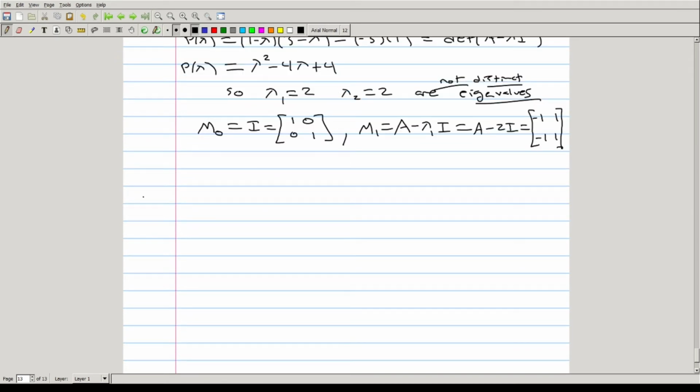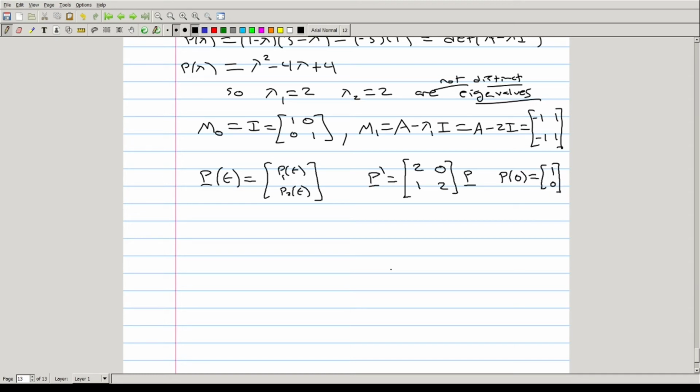And the vector function p of t is the solution to p prime is equal to the matrix 2, 1, 0 ... times p, with p of 0 being equal to 1, 0.